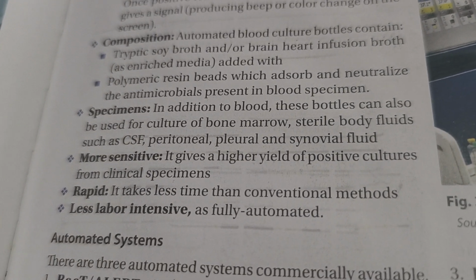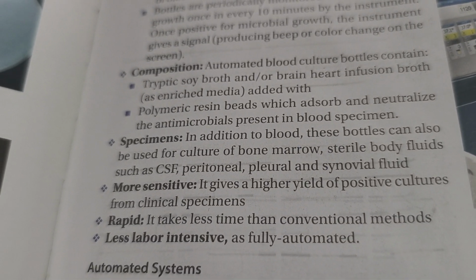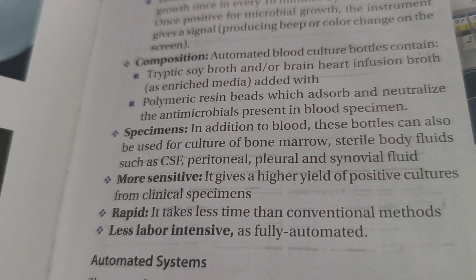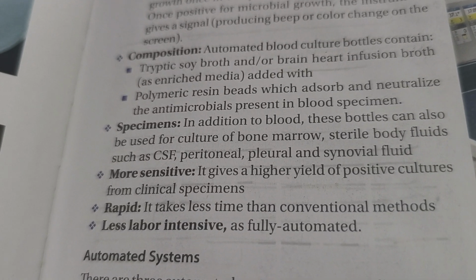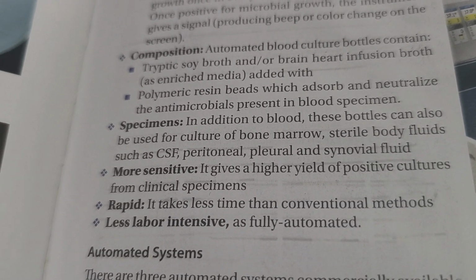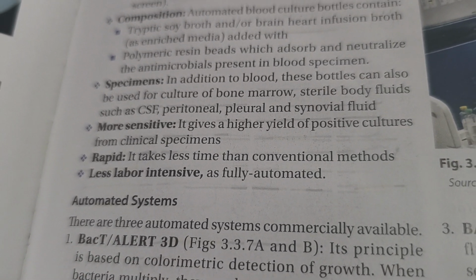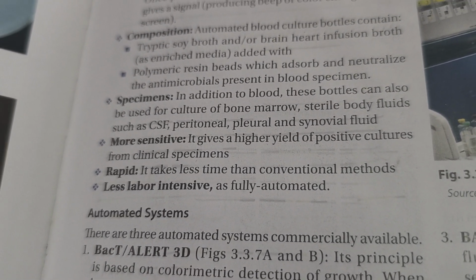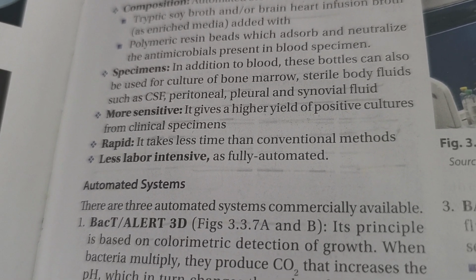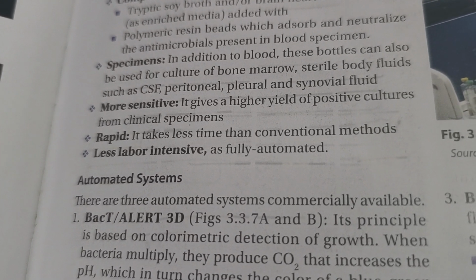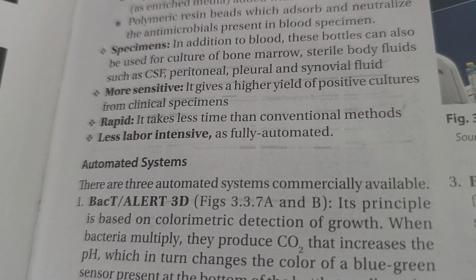Composition. Automated blood culture bottles contain tryptic soy broth and or brain heart infusion broth as enrichment media added with polymeric resin beads which absorb and neutralize the antimicrobial present in blood specimens.